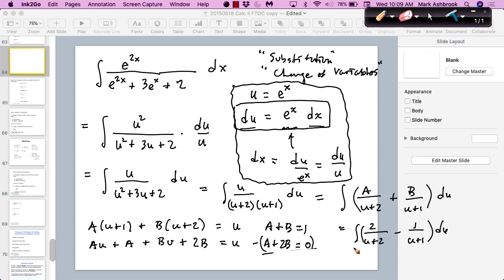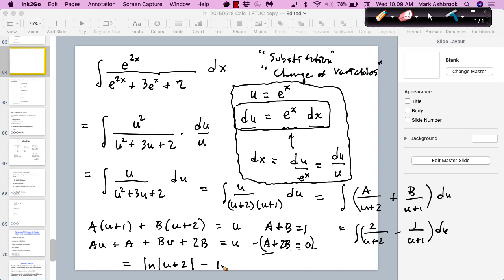And now I've got this as the partial fractions, which I can do the antiderivative of. And what's the key to these antiderivatives here? Natural log, absolute value. And why is it natural log? So are they always natural log when you get done with partial fractions?